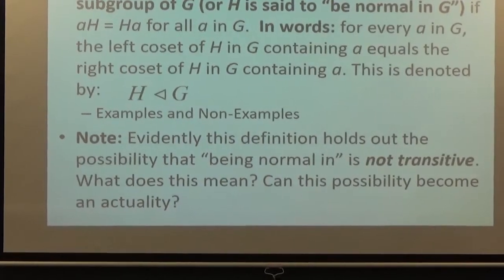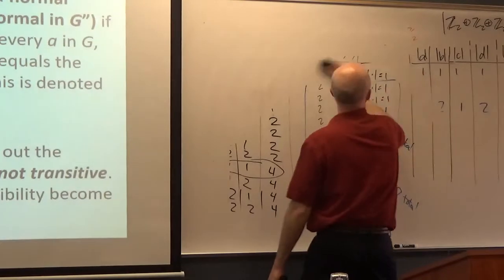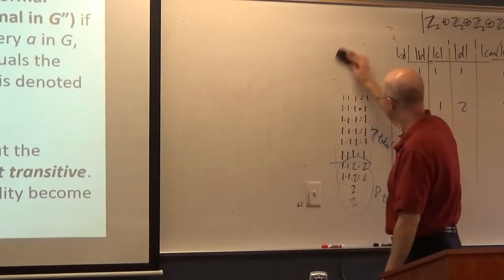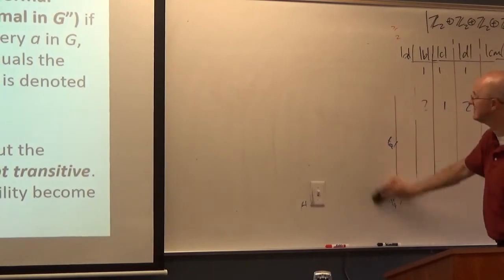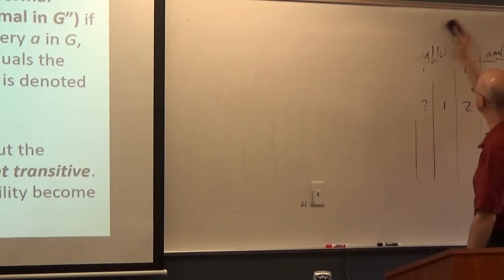Well, easy examples are abelian groups. If G is abelian, then any subgroup of G is normal. I hope that makes sense looking at that definition.